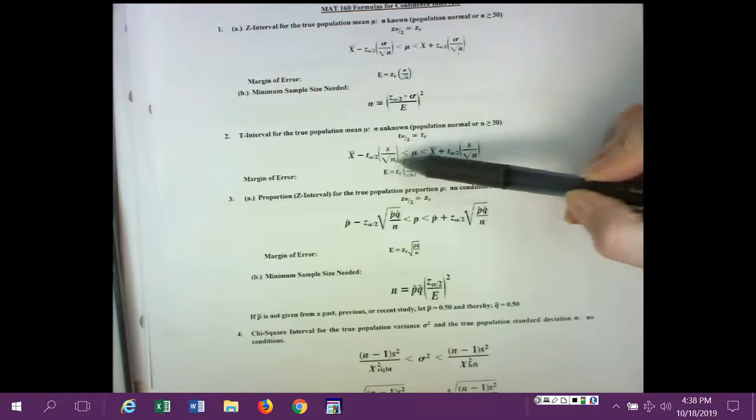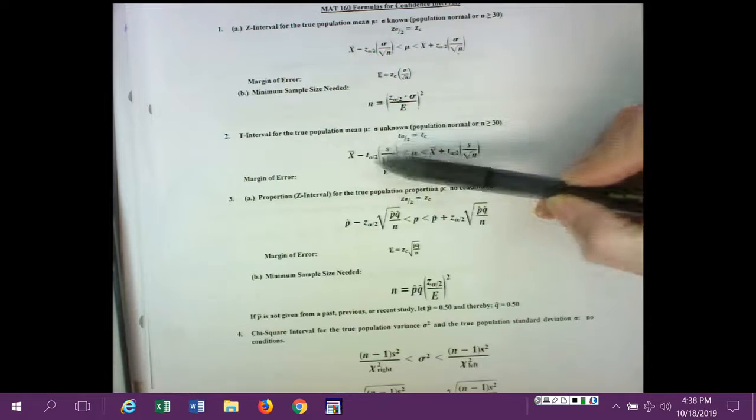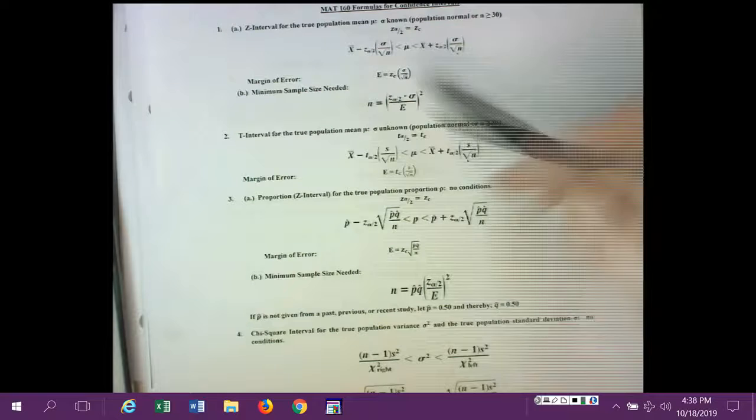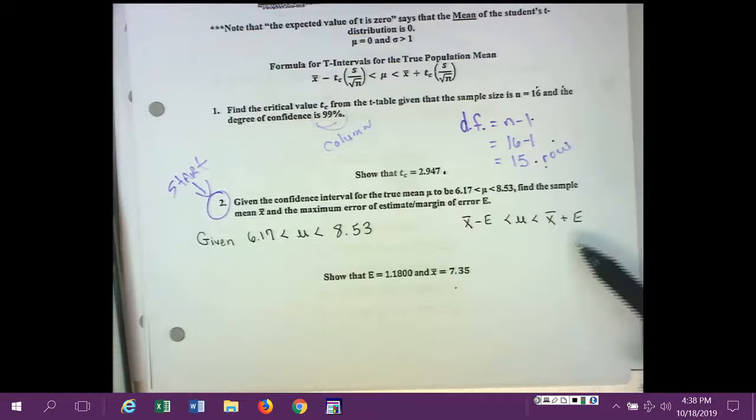When it's a t interval for the true mean, E, margin of error, is t times s over the square root of n. You subtract it, you add it. So the formula reduces to x bar minus E, x bar plus E. For this particular problem, it is very helpful to see that that is the formula.